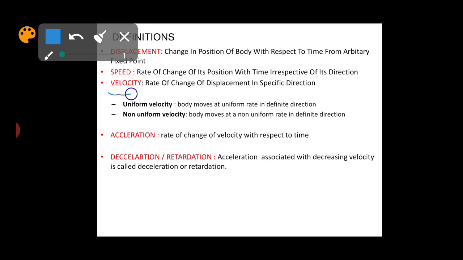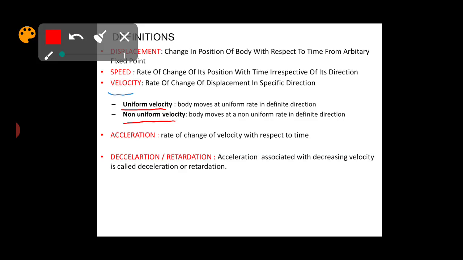Okay, moving on to the next, velocity. Velocity is defined as the rate of change of displacement in a specific direction. Velocity is thus a vector quantity. Here we have uniform velocity and non-uniform velocity.